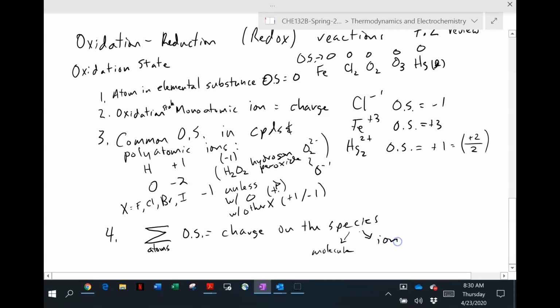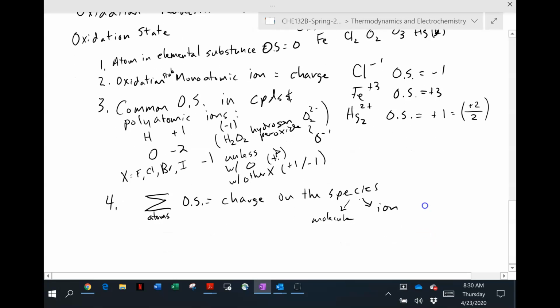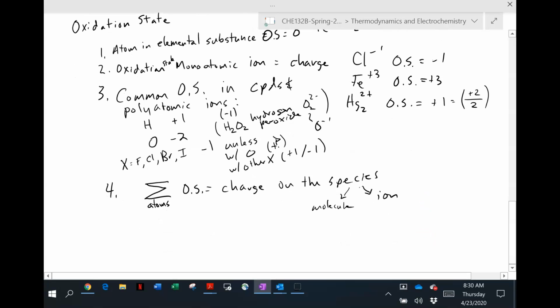It's a term that I use interchangeably for molecules or ions. So let's take a look at that. If I have H2O, for example, H being +1, O being -2 is what we'd normally get. If I do this sum, I'm going to have 2 hydrogens plus 1 oxygen. I'll put the elements there.